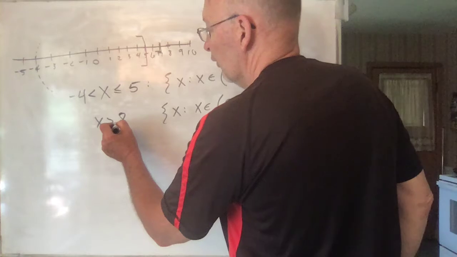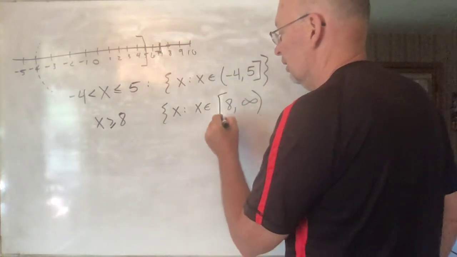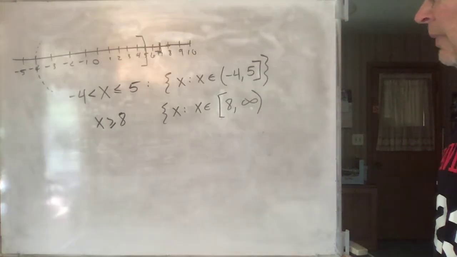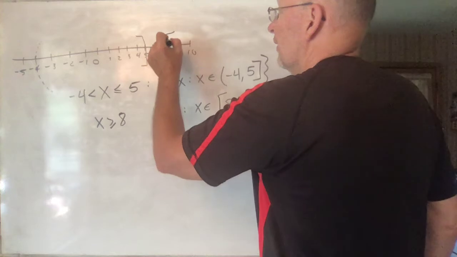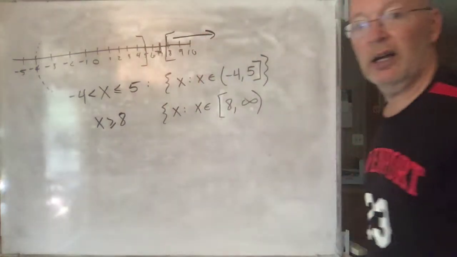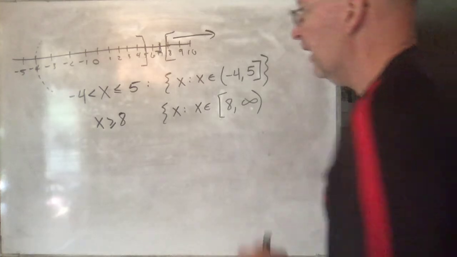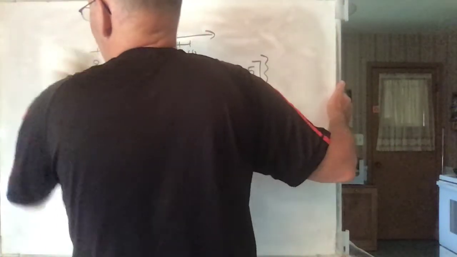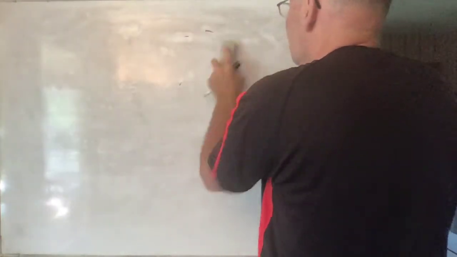Again, if you have greater than or equal to 8, then you would include that, because then you're including 8. Then it would be everything from 8 on up. Okay? So that's a quick explanation of inequalities. Then let's go ahead and solve some inequalities.